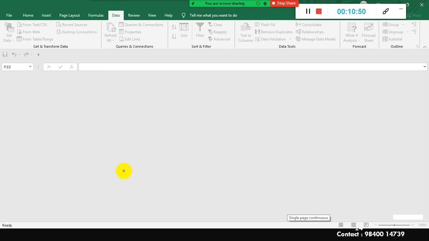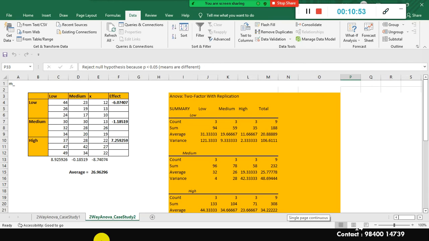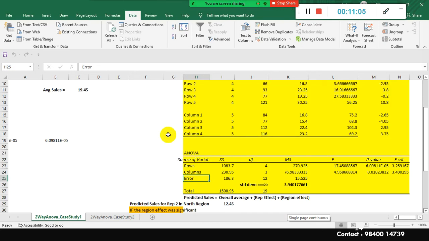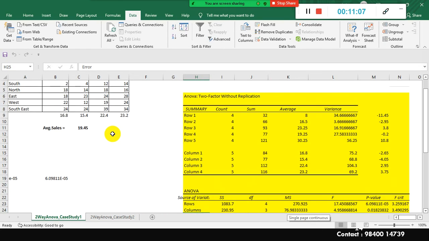In this case study, we are going to use two factors. If I have two factors, how will I test whether sales is influenced by the region factor, the salesperson factor, or the combination of the two? We will check it out.